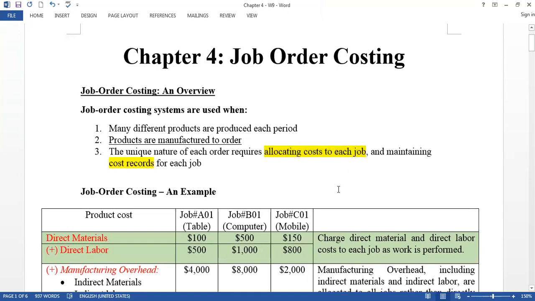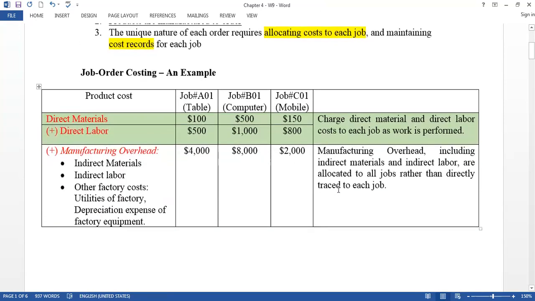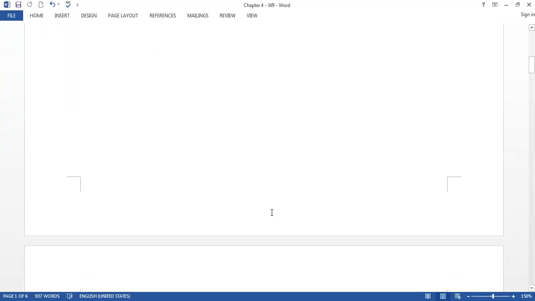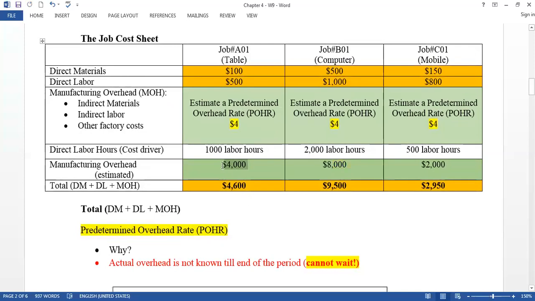So when we are going to allocate the cost to each job, we find that some numbers will come at the end of the year, but you cannot wait until year end. What you can do as a manager is estimate a number today. For example, today you estimate a number, and the number is $4,000.